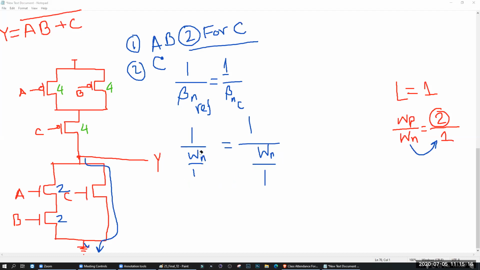Since it is a ratio, it is a reference, and reference is also 1, right? This one will go up, that one will go up. So multiplication. So your Wn is equal to what? 1. So go there and write it there. Understood? This is your sizing.